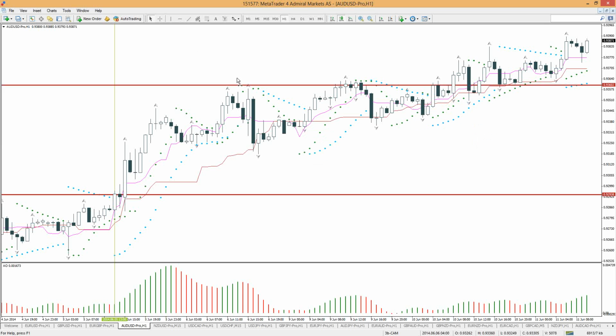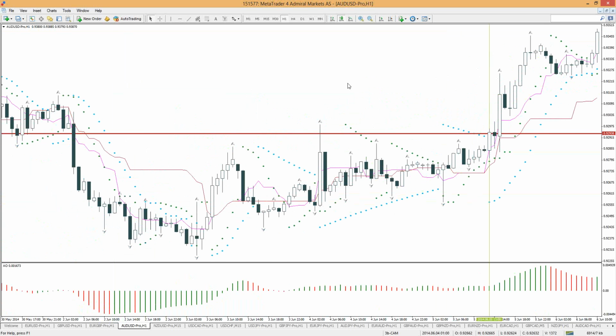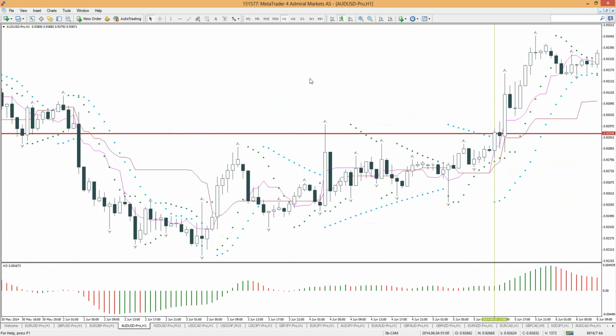Let's see. Let's try to find a losing example. Otherwise it seems like it's perfect, which it isn't. There has to be some losing example. Maybe here we have them aligned. This is the hourly, mind you. We have them aligned, and we have a break through the parabolic. So if you take that close, it would theoretically be a break, but would anyone sell on a pin bar like that?